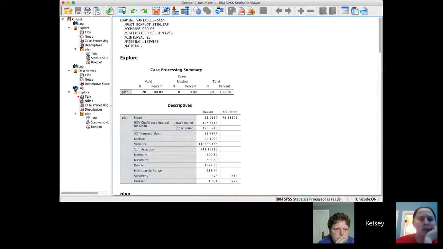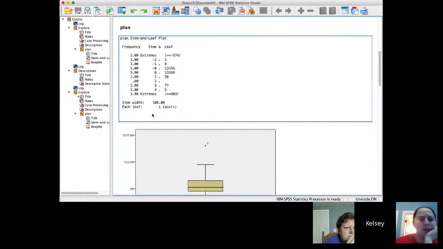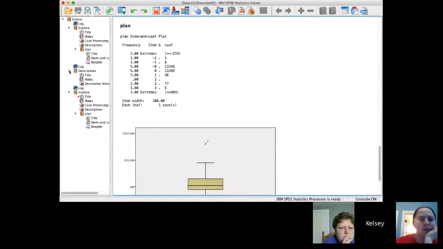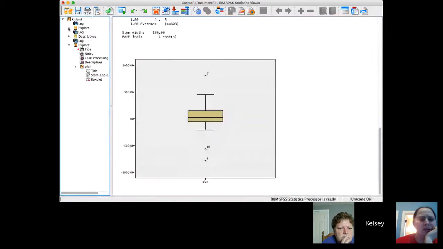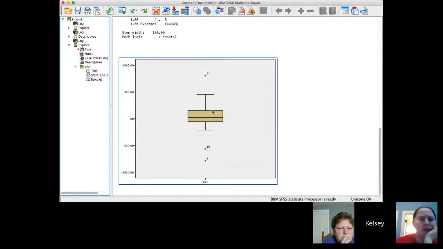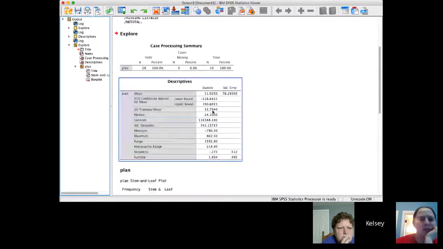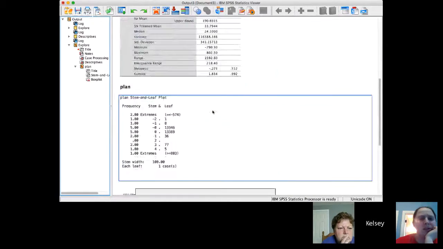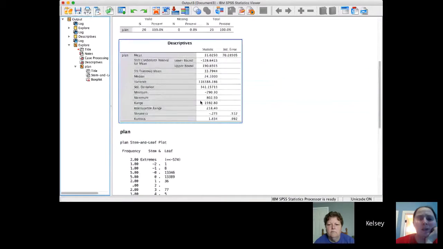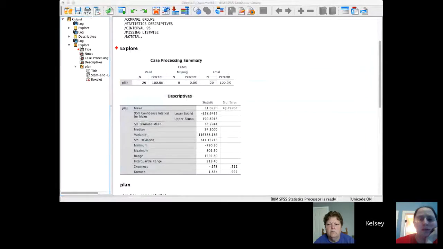If you see, I did descriptives. So that's what I keep getting. Did you do a box plot? There's a box plot towards the bottom. Yeah. What number are we supposed to have? Maybe. Let me try this again.